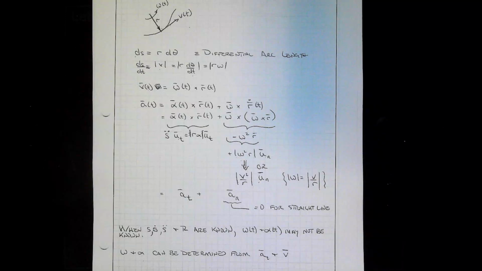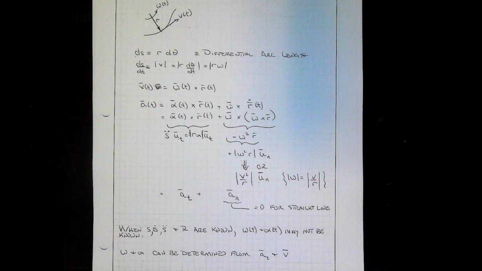And note, these are not commutative. I can't do this and then this, because omega cross omega would be 0. You have to do this first and then do that second. No problem. Here's v, that's omega cross r.